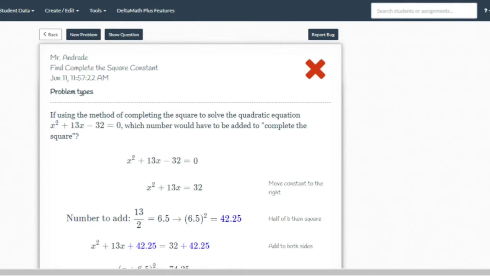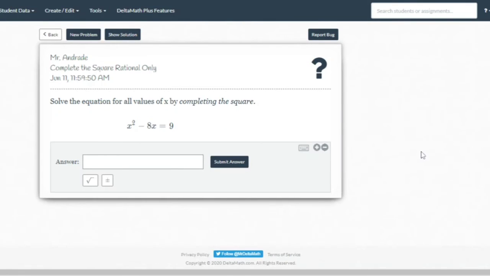All right, so now we're going to complete the square, do a full-on complete the square. They've already done the first step, which is to get the constants turned to the other side. So now we're going to use our magical number, which would be 8 divided by 2 is 4.